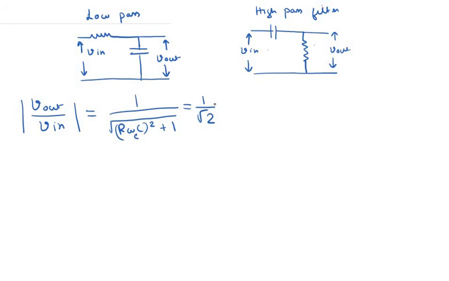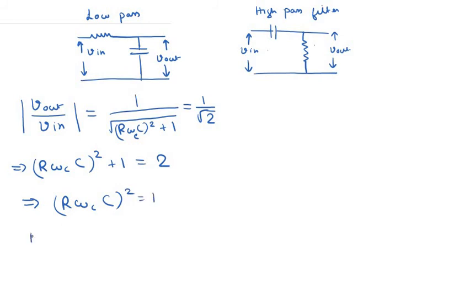This means (r omega c) square plus 1 is equal to 2, which implies that (r omega c) square is equal to 1.